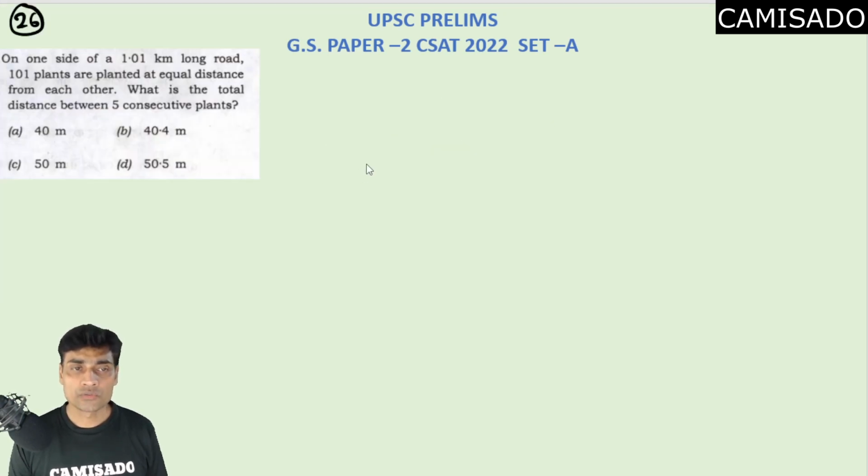Next, on one side of a 1.01 kilometer road, 1.01 kilometer is approximately 1000 meters when multiplied by 1000, you will get 1010 meter. Now 101 plants are planted at equal distance from each other. What is the total distance between 5 consecutive plants? So let the plants be 1, 2, 3, 4, 5.